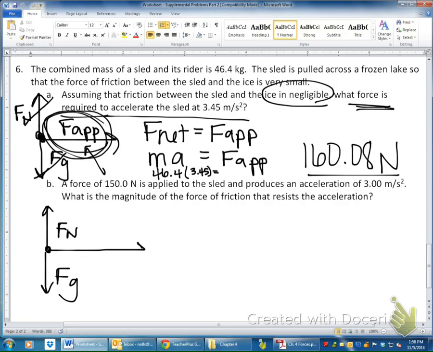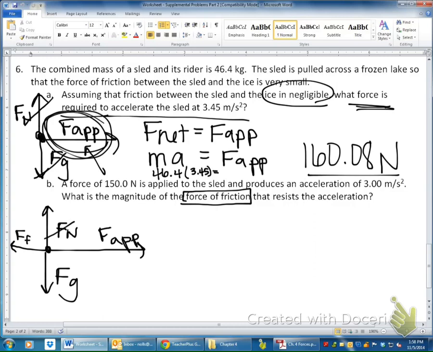This time we're going to have an applied force or a pulled force. And we're also going to have one other force. What is it? Friction. Okay, so we are looking for the force of friction. That's what we're solving for, is F sub F. Are we looking at horizontal acceleration here or vertical? Horizontal.